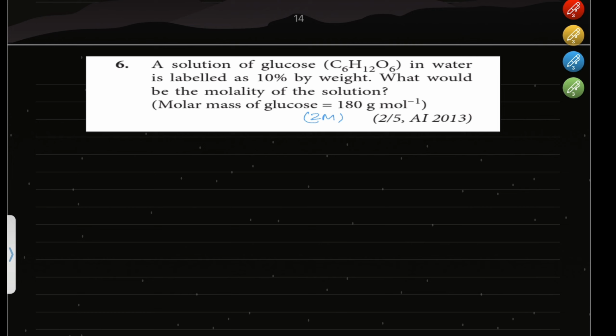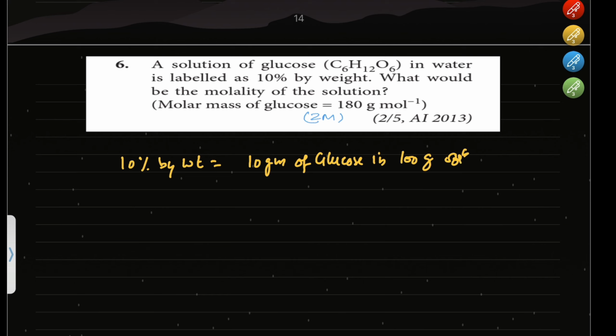In these methods, first of all, we will write what the meaning of the concentration terms given in the question is. Here is weight percent, that is 10% by weight, which means 10 gram of glucose in 100-gram solution.